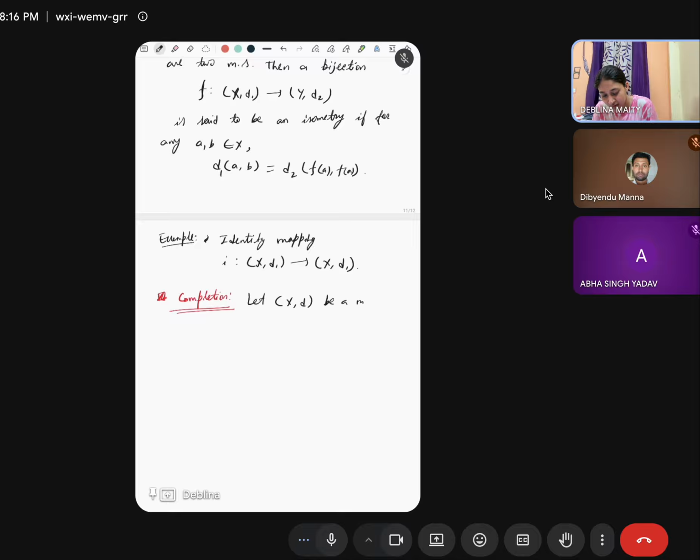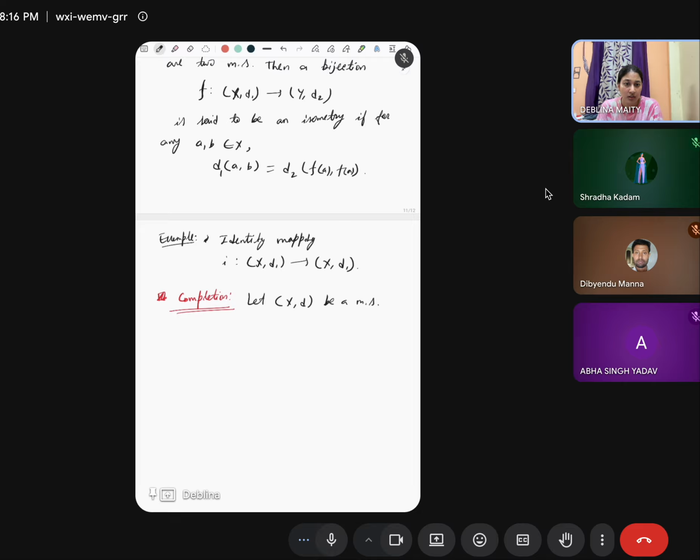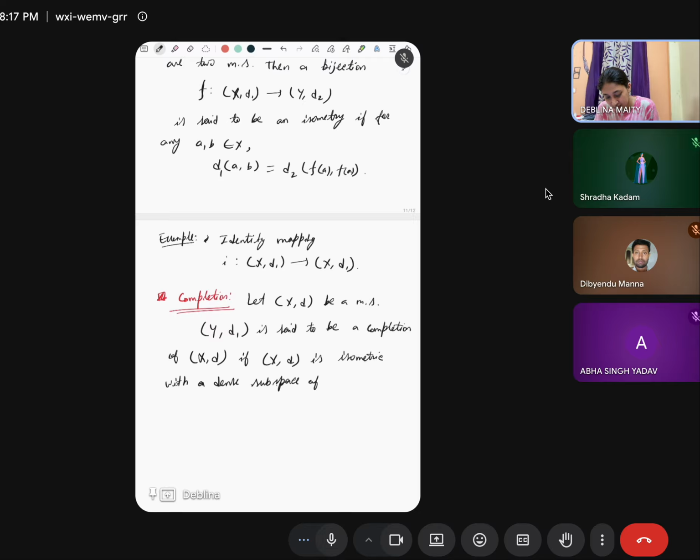And (Y,d1) is said to be a completion of (X,d) if (X,d) is isometric with a dense subspace of (Y,d1).